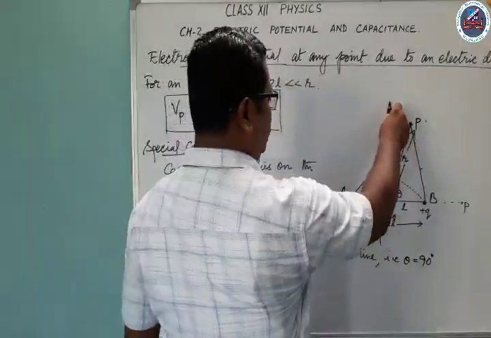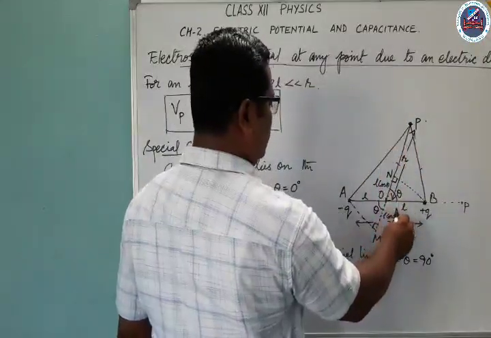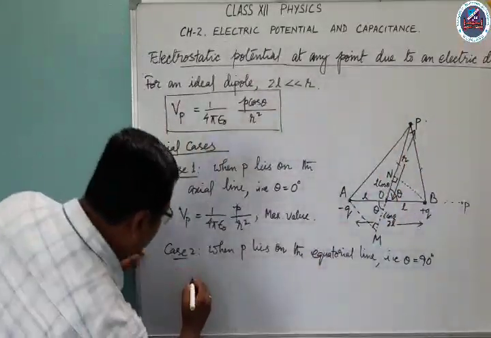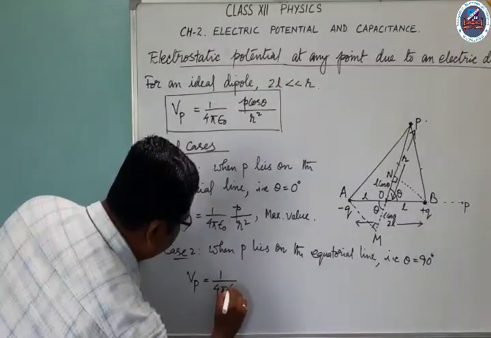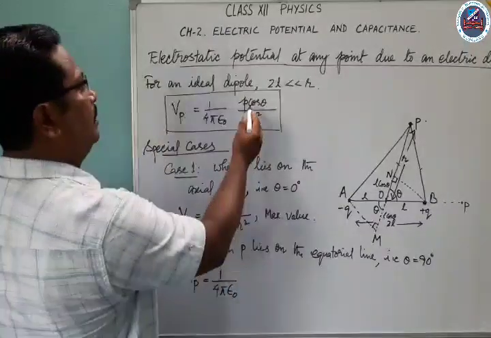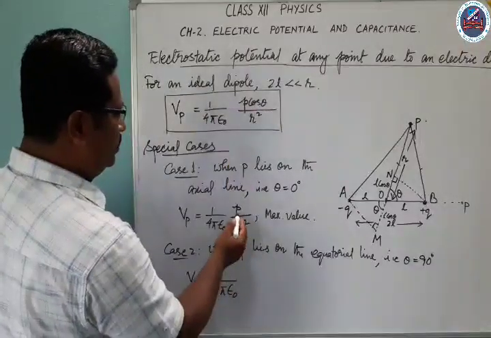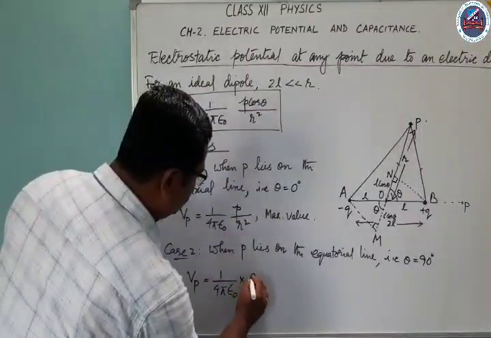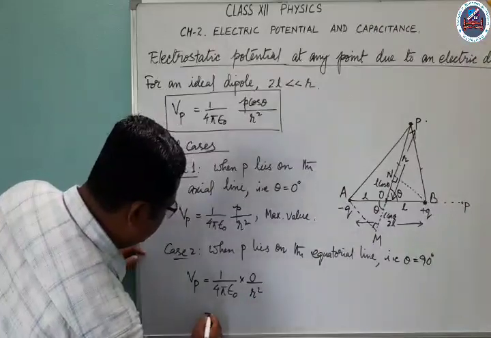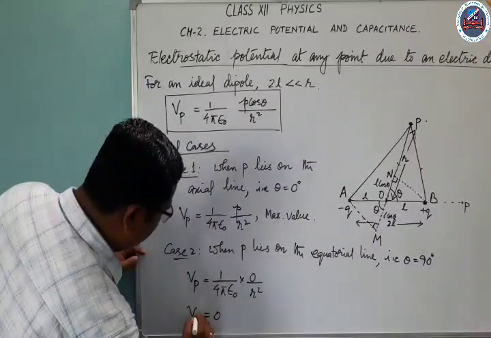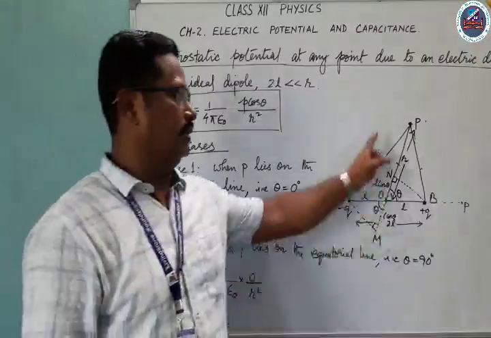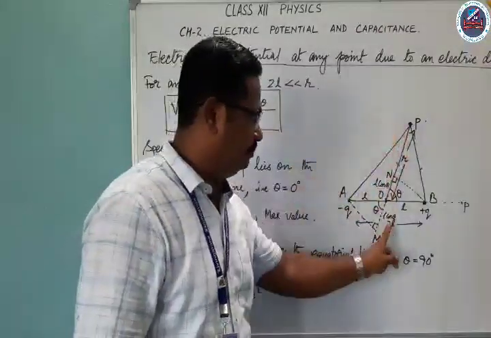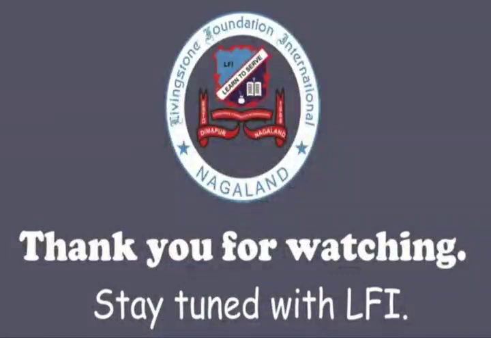If P lies on the equatorial line like this, then angle theta will become 90 degree. And in that case, the electrostatic potential at point P will be P cos 90 degree, which is 0. So anything multiplied with 0 will come up to be 0. So it will have the minimum value, or we say that there will be no electrostatic potential on the perpendicular line.